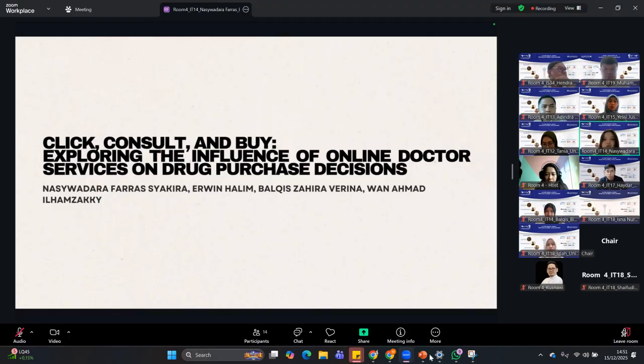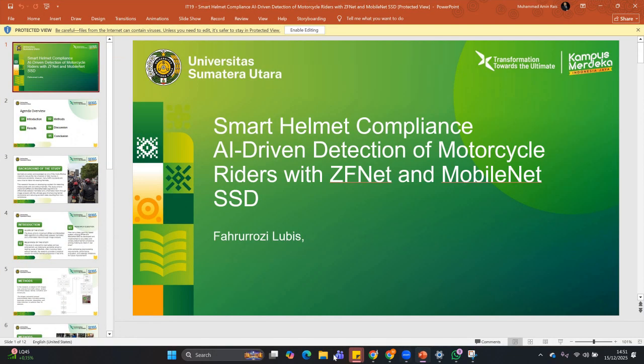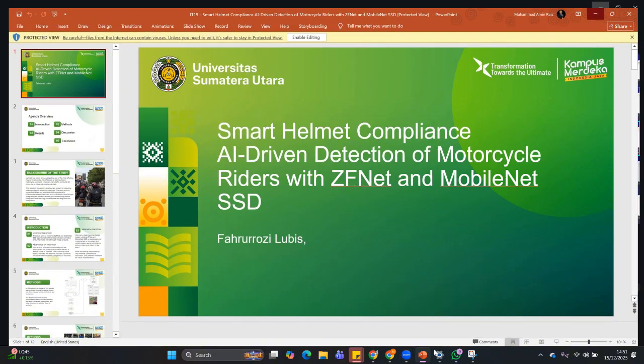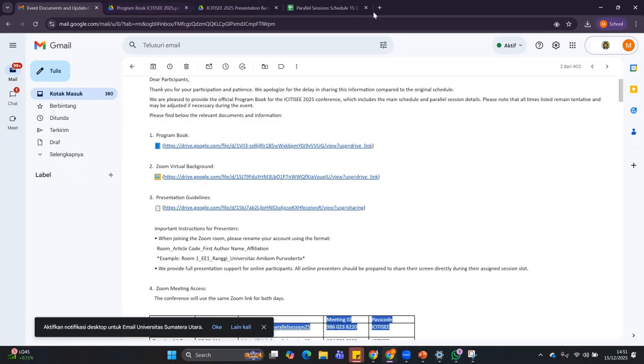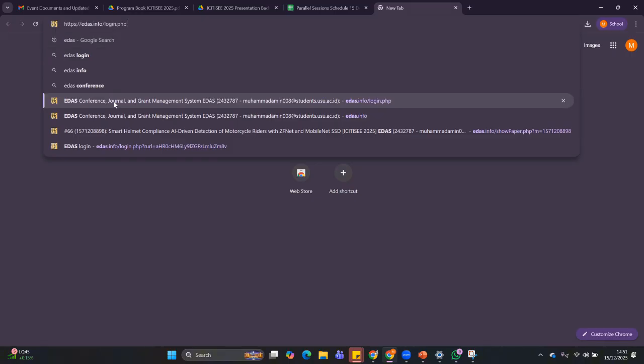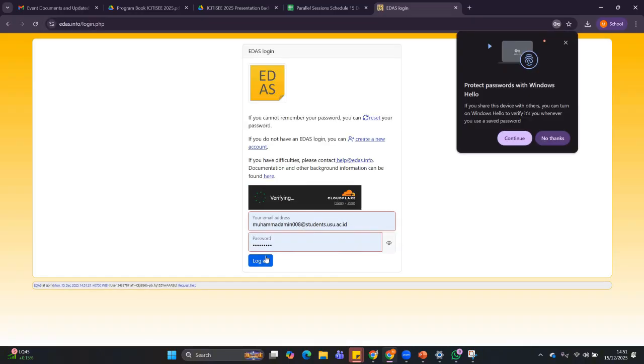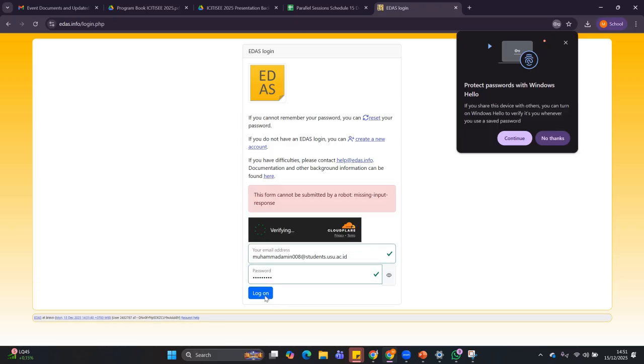This paper was authored by me, Mr. Erwin Halim, Balkis Zahira Felina, and Wan Ahmad Ilham Zaki from the Information System Department, School of Information System, Bina Nusantara University. This research examined how integrated online doctor services in e-marketplaces influence users' intention and actual behavior when purchasing medicines.